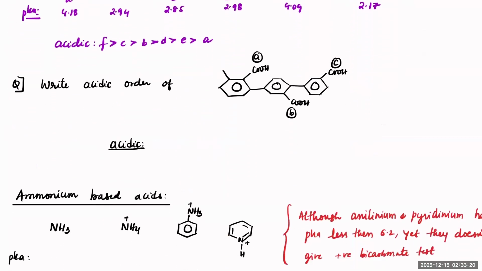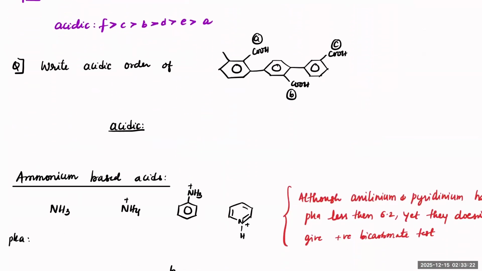And last, in case you have three different COOH groups on this triphenylene position. Notice that at position A, this ortho methyl is there, and this is even very bulkier. That means this COOH has ortho effect from both ends.